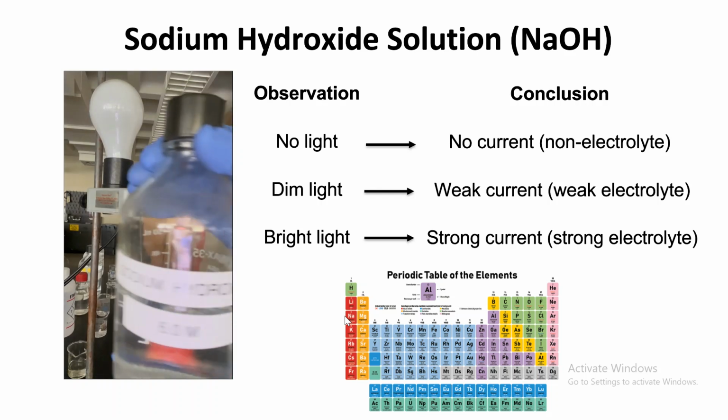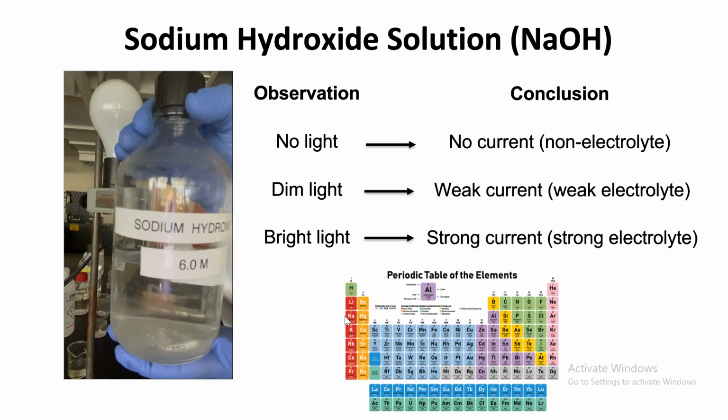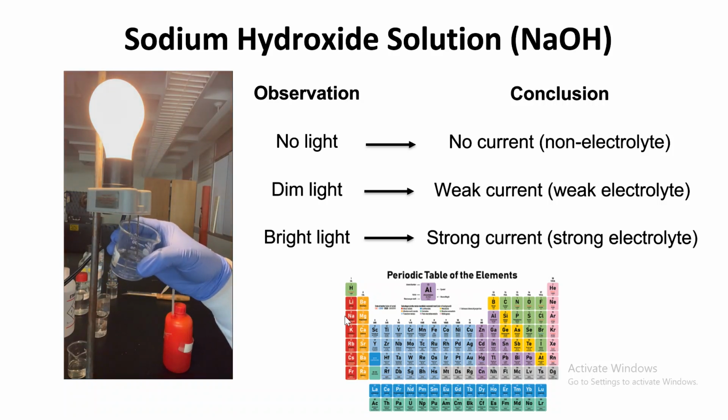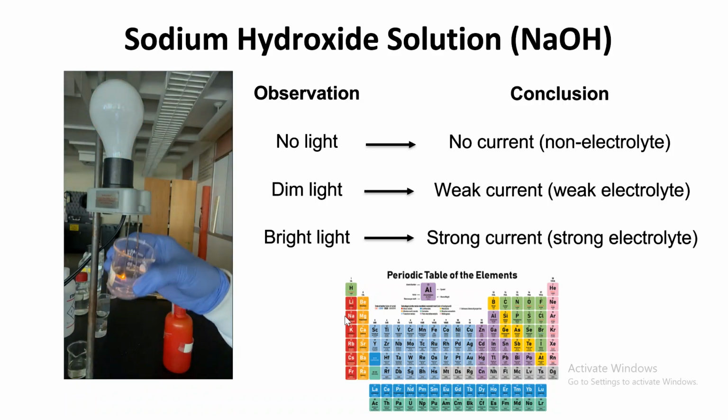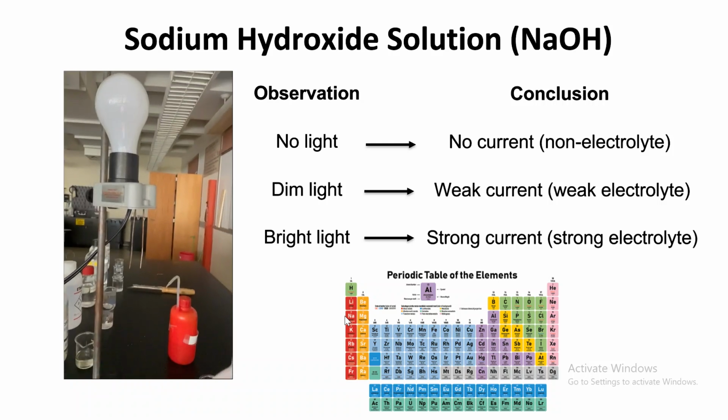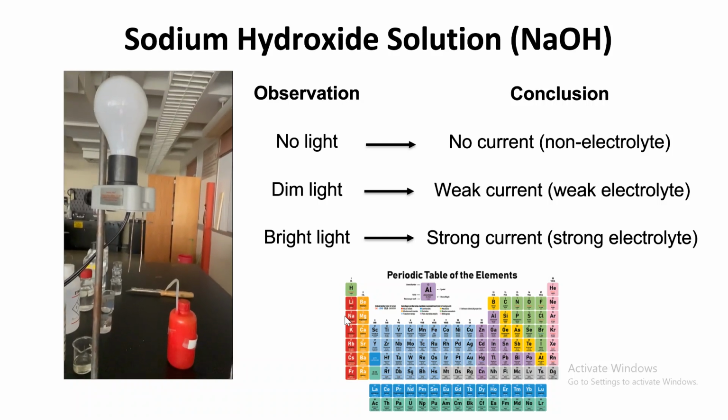So NaOH, sodium hydroxide. Sodium hydroxide is a classic strong base. Oh, look at that. Bright light, strong current. It's a classic. So as you can see, group 2 bases do not conduct electricity, but group 1 bases conduct electricity.